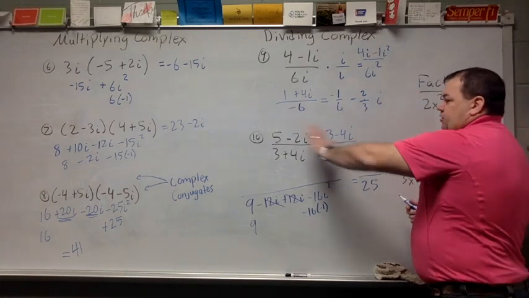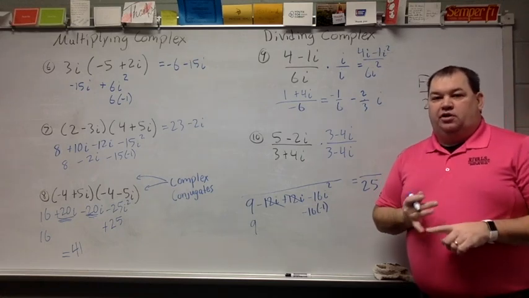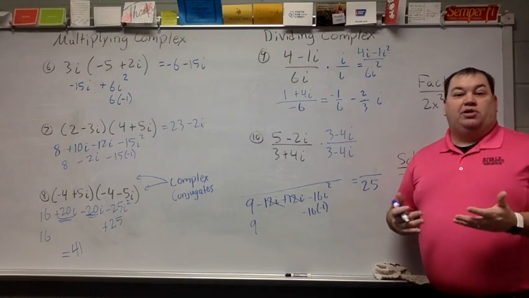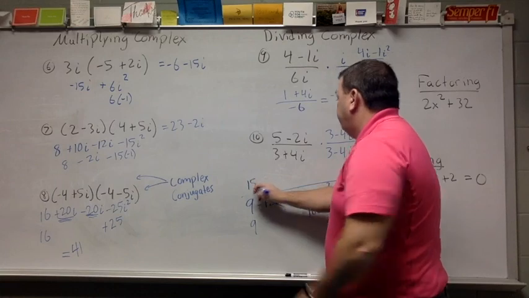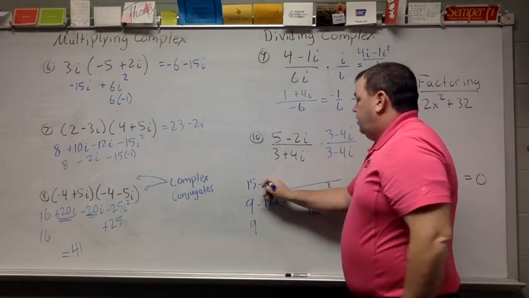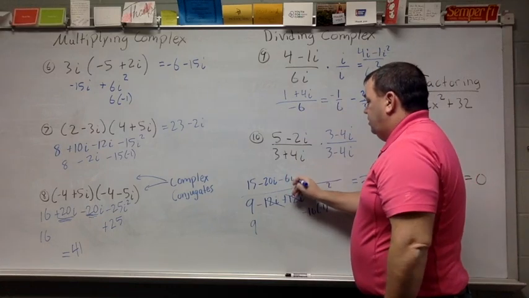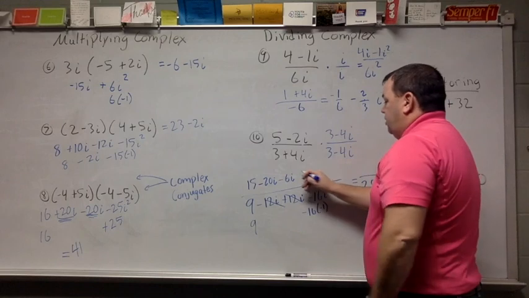Now on top, things aren't going to cancel out, but I still do the same thing. If you are a FOIL person, FOIL. If you like the box method, do the box method. If you want to think of it as distributing twice, whatever works. But I get a 15, I get a minus 20i, I get a minus 6i, and I get a plus 8i squared, since a negative times a negative makes a plus.